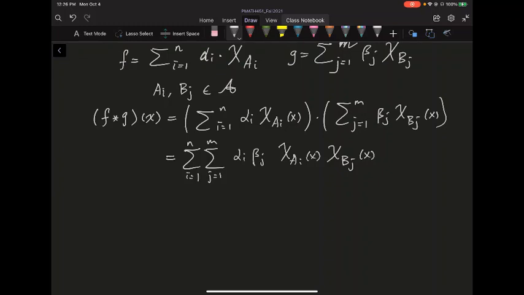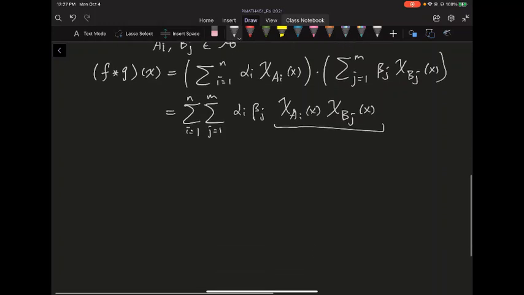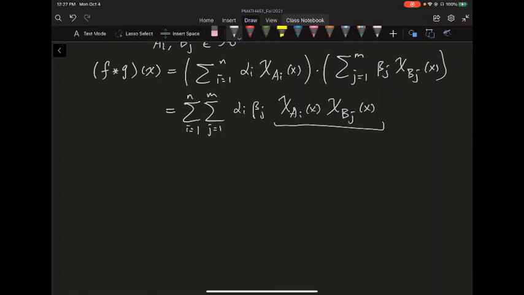Now you basically need to show that this multiplication is another indicator function, or characteristic function, of some sort, and it's fairly simple if you recall your PMATH 450, or if you just do observation. So here, chi of A_i of x times chi of B_j of x.